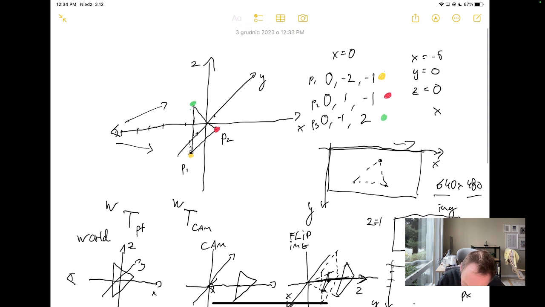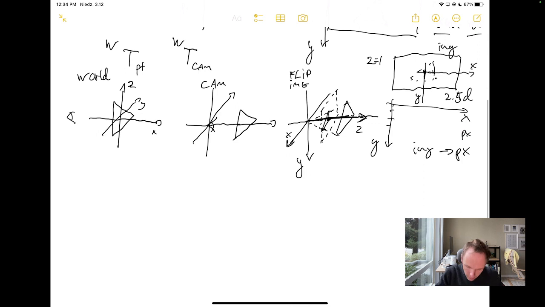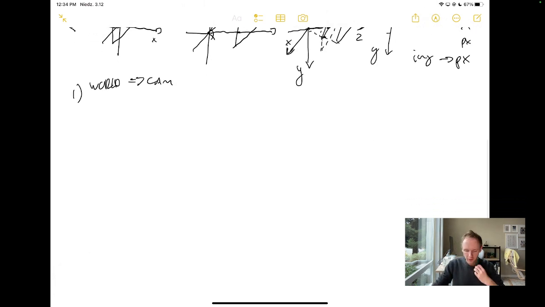Step one. We will work our way through the same example in code actually.